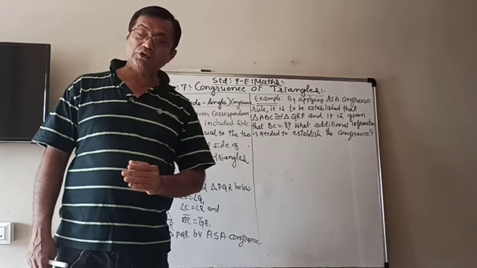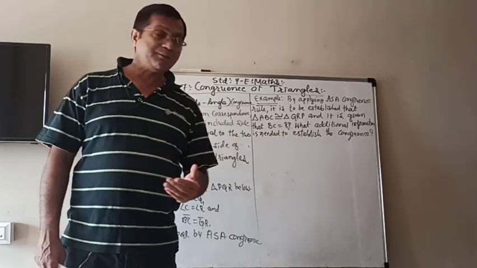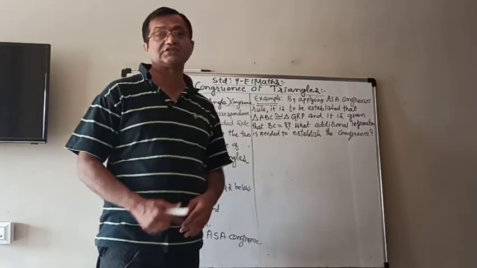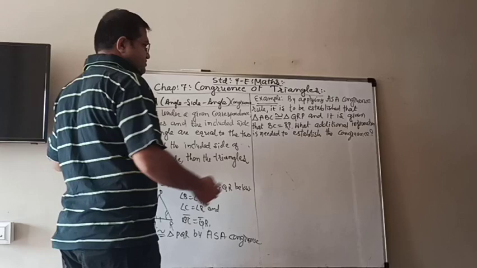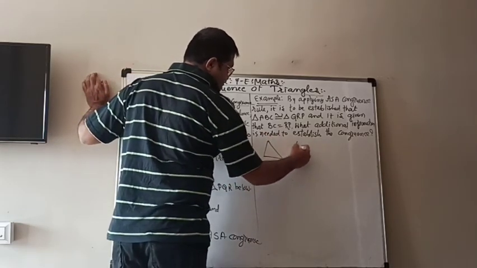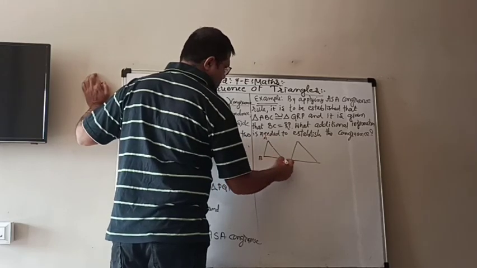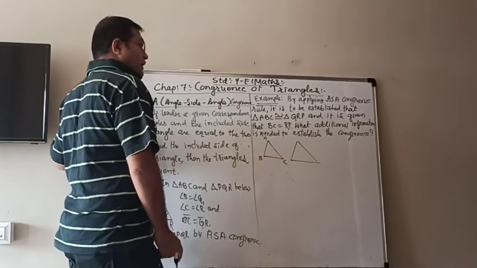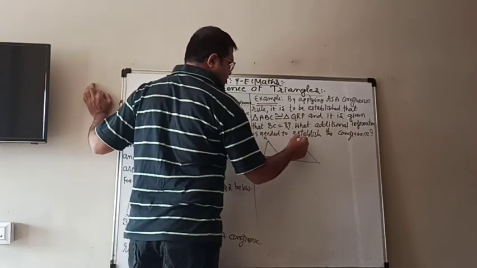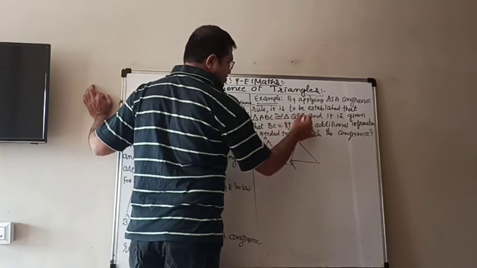Now we have to check which additional information is needed to establish this congruence. So let us draw figures. So now A, B, C, and the congruence is QRP. So with A we have to take Q, with B we have to take R, and with C we have to take P.